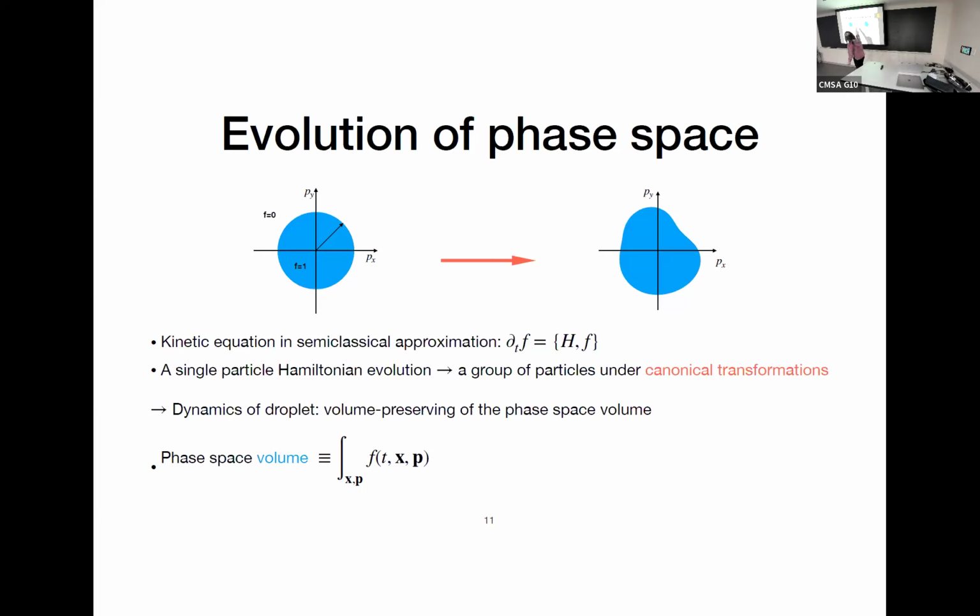And there's one important property: the distribution function inside the Fermi surface is 1, and outside of that it is 0. This condition will be preserved under time evolution.